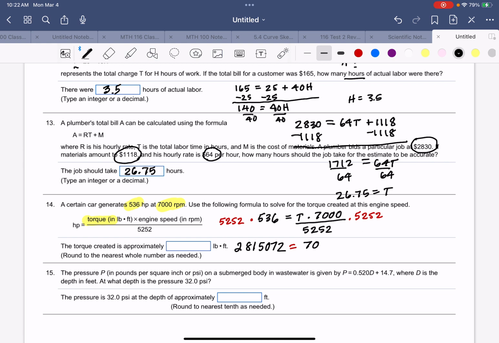And then over here I've got 7,000 T. And you can put that T times 7,000 or 7,000 times T. In either case, I need to divide by 7,000 because it's being multiplied. So 2,815,072 divided by 7,000 gives me about 402.15. They say round it to the nearest whole number. We'll go with 402 for that.